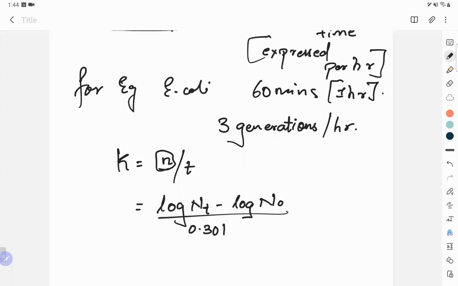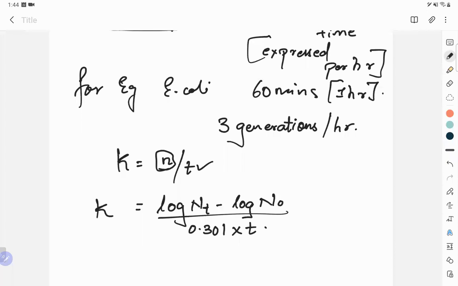This was the formula for n, correct? Into now this t. That will give me the value of k. Are you all understanding this? That if I have to calculate the mean growth rate constant, it is number of generations per unit time, which means n by small t.